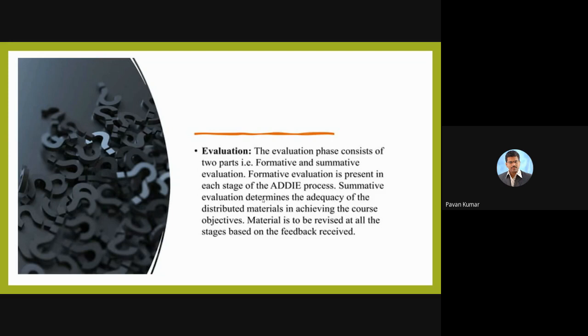That means summative evaluation involves feedback regarding the materials that you have submitted to the learners, whether the material is sufficient to achieve the objectives or not. If not, you have to specify some references, or the material should be revised based on the feedback received.